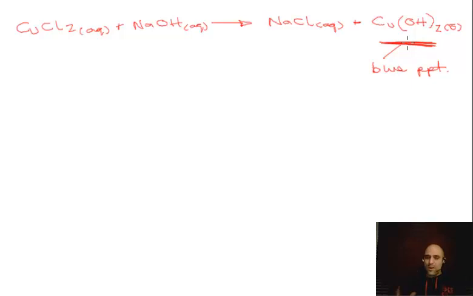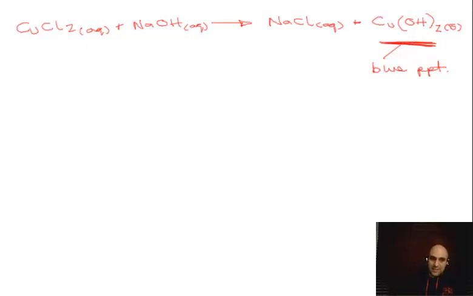All the group 1 hydroxides are soluble. Sodium hydroxide is soluble. Lithium hydroxide is soluble. Potassium hydroxide is soluble. The transition metal hydroxides and all the other metal hydroxides are very insoluble, which is basically the basis of the test. If you make one in a reaction, you get a precipitate, which is exactly what's happened here.